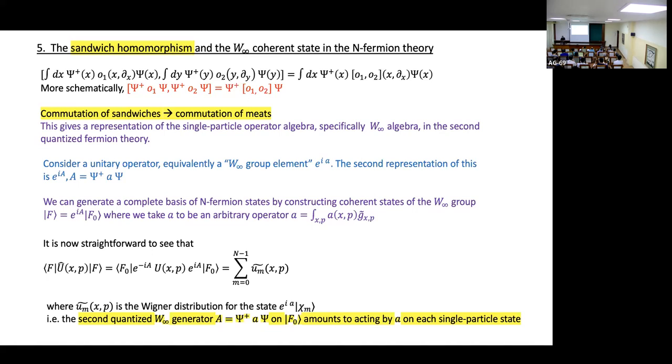Okay, good. So now it's perhaps not too difficult to digest that if I take this expectation value of the second quantized Wigner distribution, it becomes a sum over n Wigner distributions. Each of these is the Wigner distribution for the state which has been rotated in the single particle state by this amount.